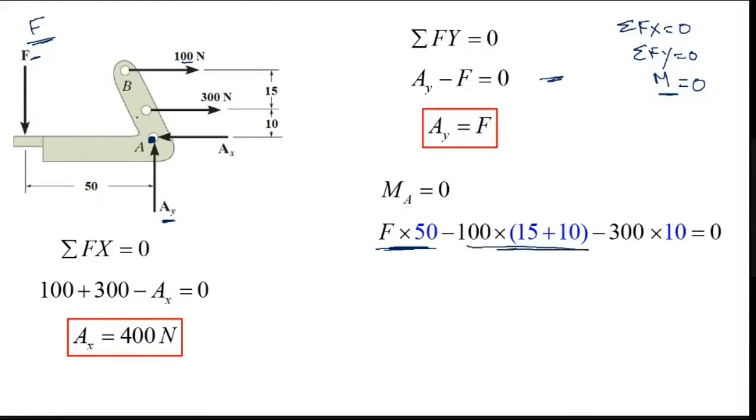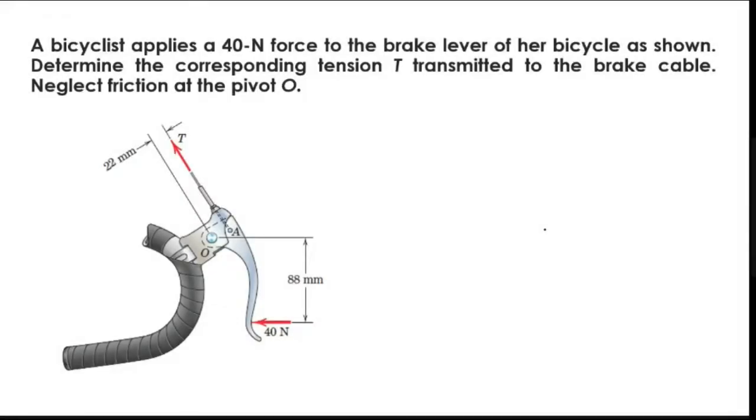Why is it negative? Because it is in the clockwise direction. And 300 into 10. I am equating these to 0. When you do that, I can identify the force F value, which is 110 Newtons.